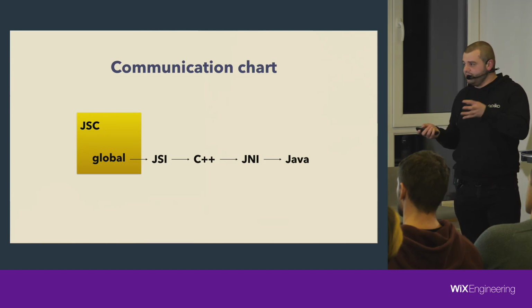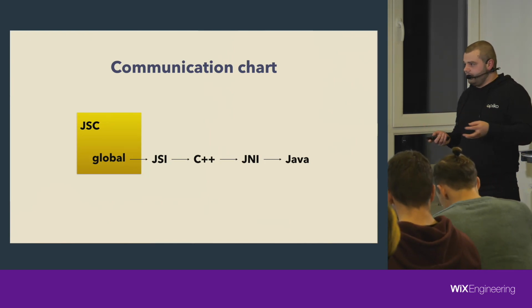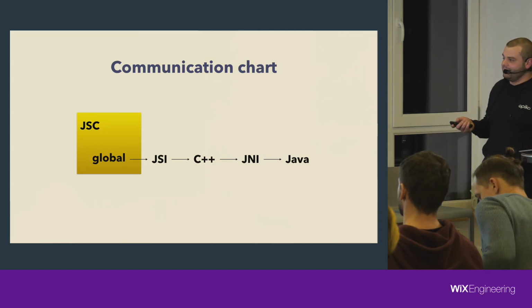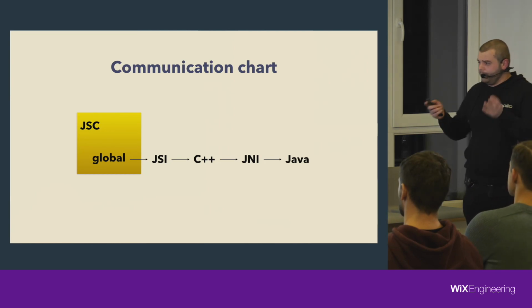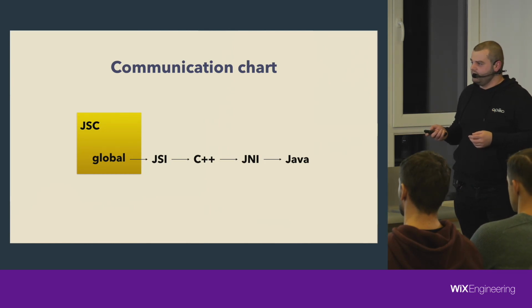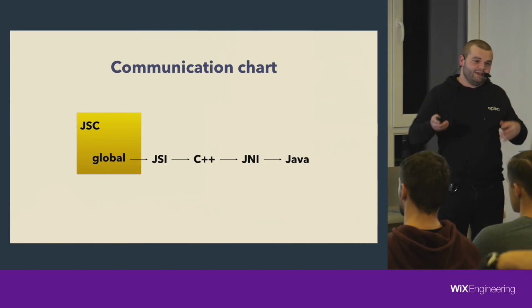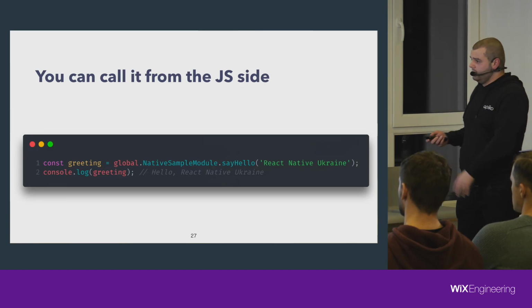Then from C++ we go into JNI and create all the things required for Java, and then we go into Java, and then the same on the way back: Java, JNI, C++, JSI, and the JS runtime. Yeah, it's a bit complicated, but at the end you will get something like that.